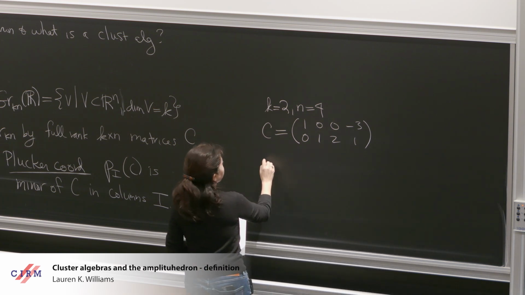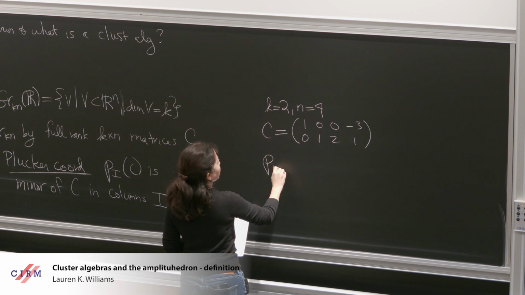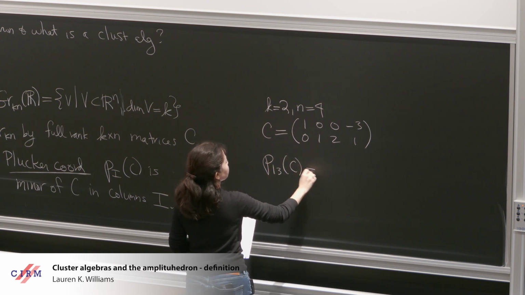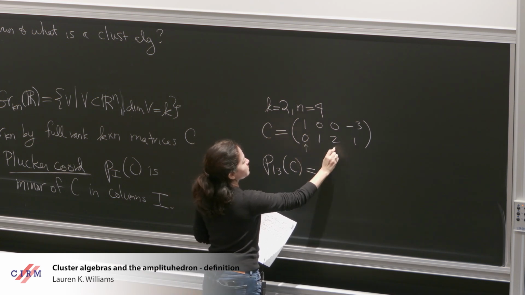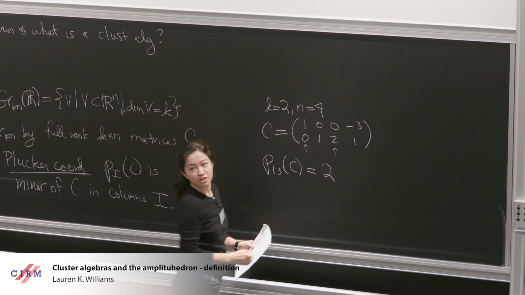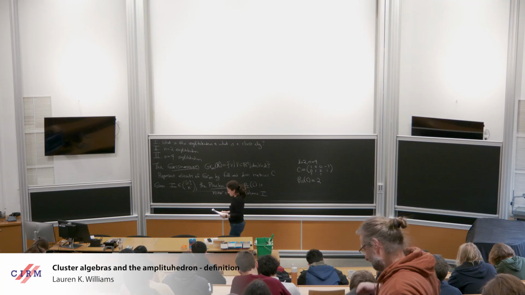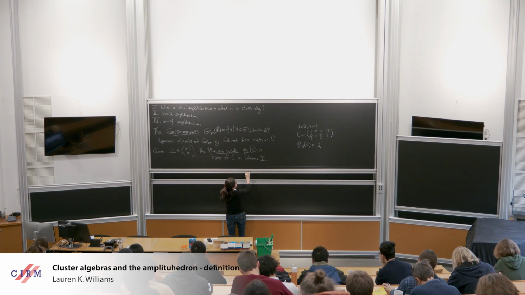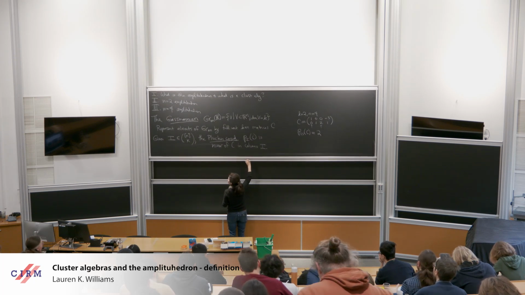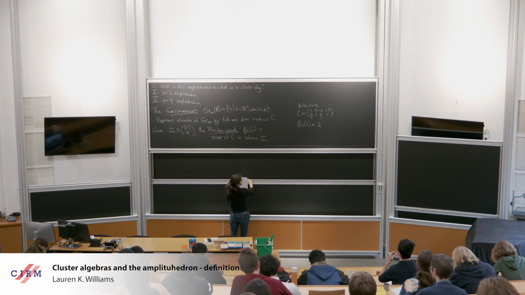And the Plücker coordinate, say, P_{1,3} of C, is the determinant of the submatrix located in columns 1 and 3, which is 2. Okay, so that's the Grassmannian and the Plücker coordinates.